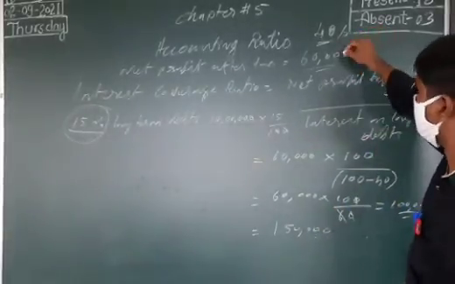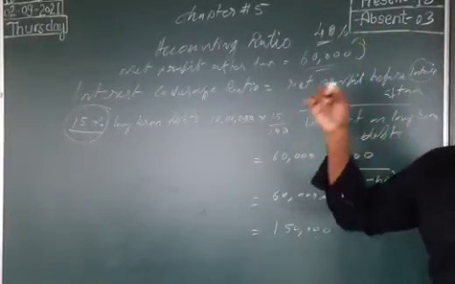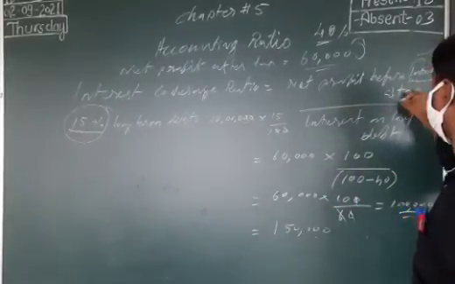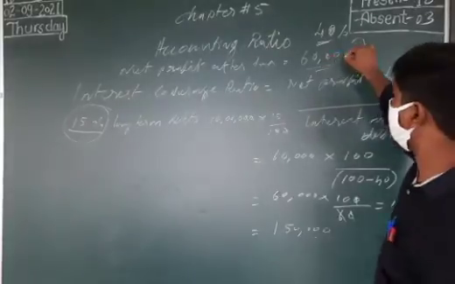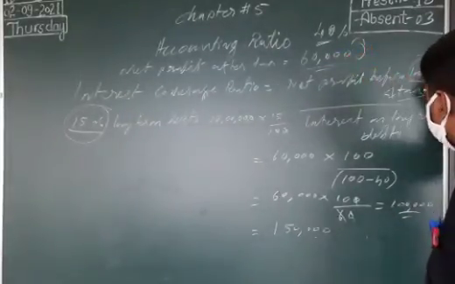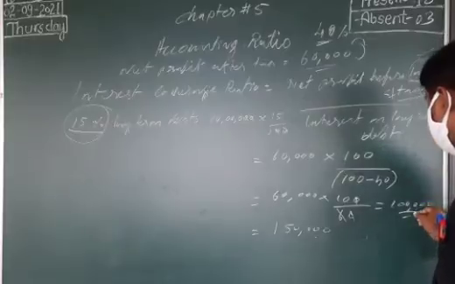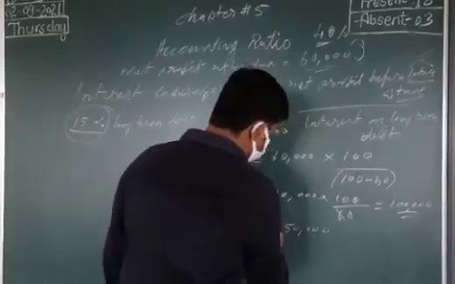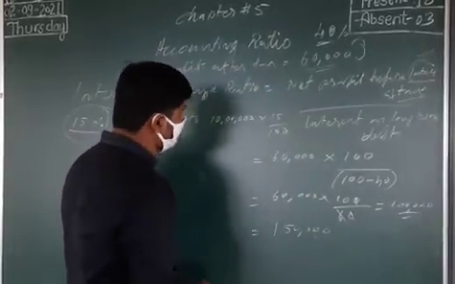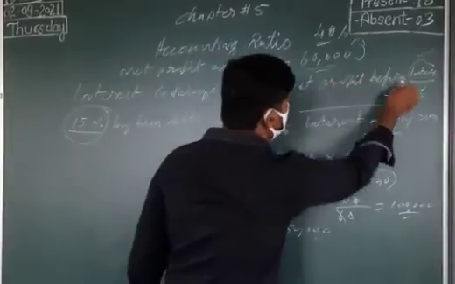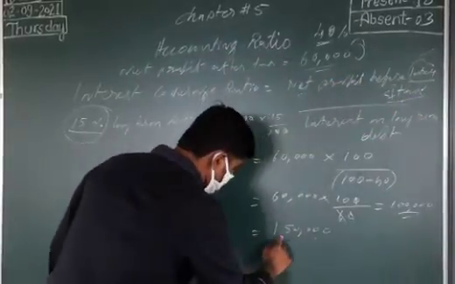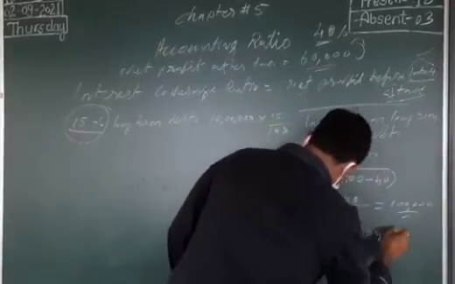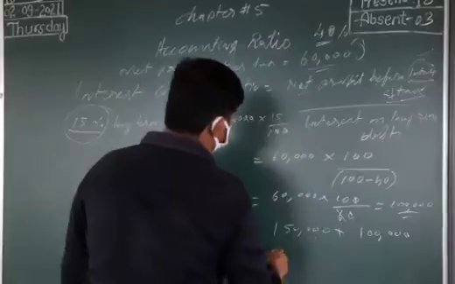Obviously, from the profit we had already deducted interest and tax, and after that we got 60,000. So before tax the amount is 1 lakh, and before paying interest it is 1 lakh 50,000 more. So the net profit before interest and tax is 1 lakh 50,000 plus 1 lakh, which is 2 lakh 50,000.